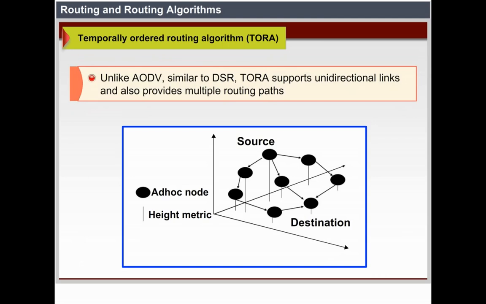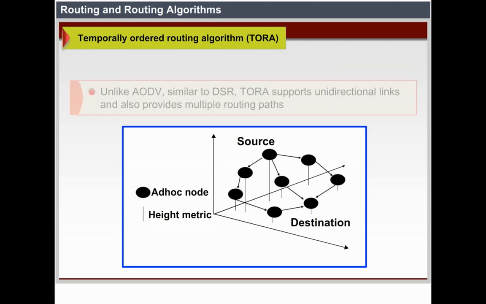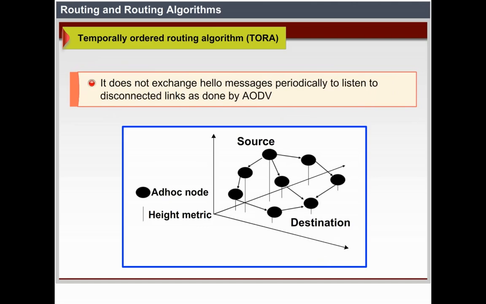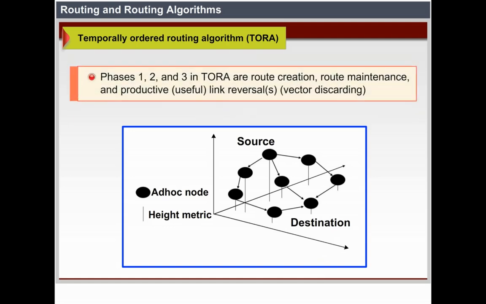Unlike AODV, but similar to DSR, TORA supports unidirectional links and also provides multiple routing paths. It does not exchange hello messages periodically to listen to disconnected links as done by AODV. Phase 1, 2 and 3 in TORA are route creation, route maintenance and productive useful link reversals, vector discarding.